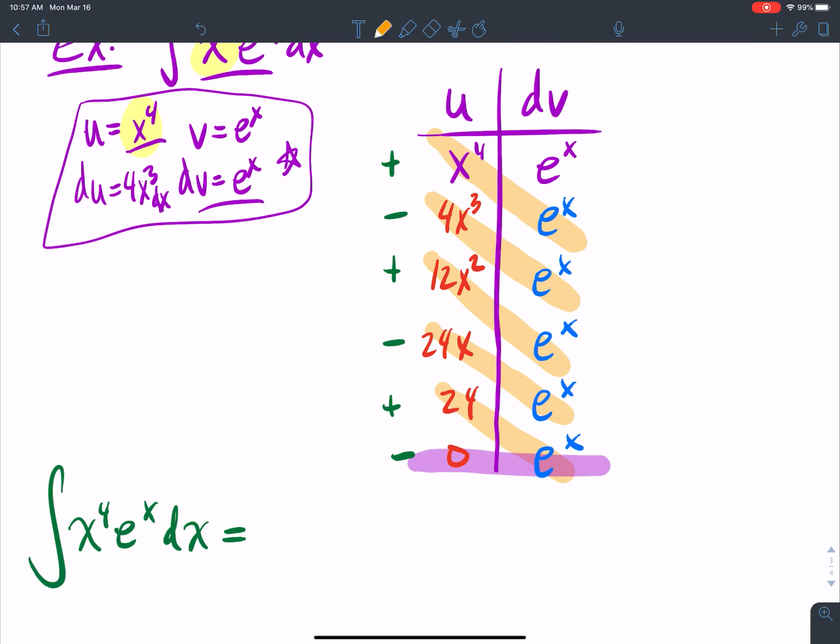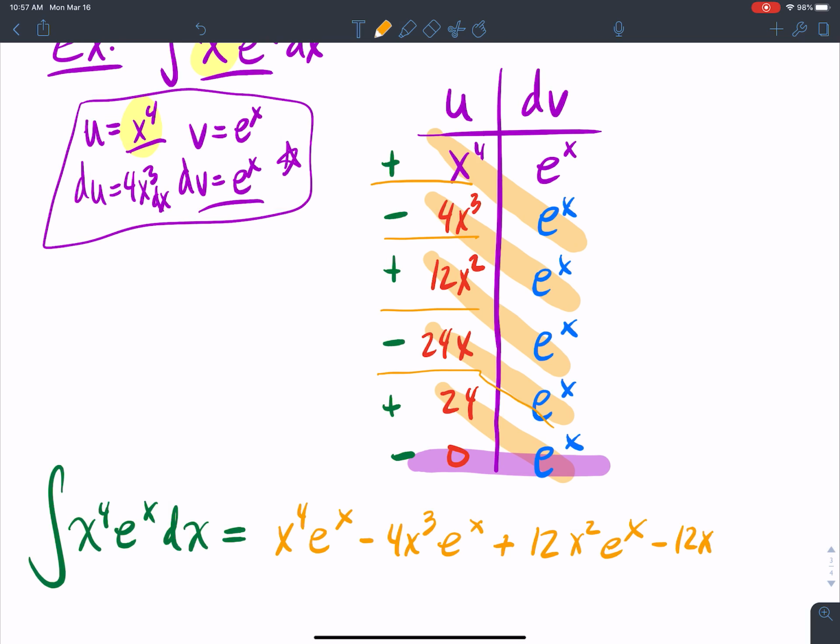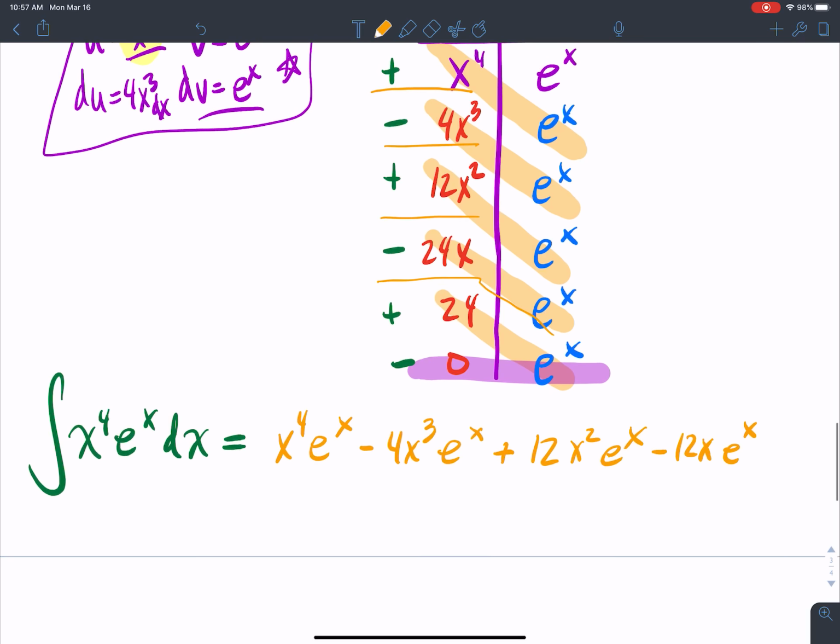So I multiply, got a positive x to the fourth e to the x, and then I have a negative 4x cubed e to the x. I got a positive 12x squared e to the x, and I have a negative 12x e to the x.